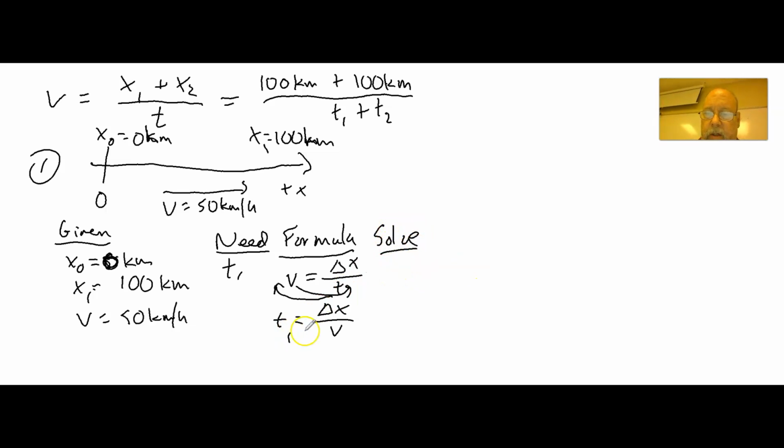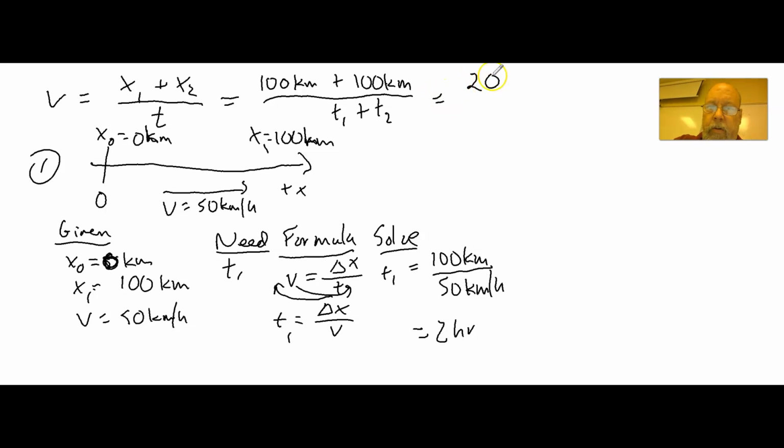So t1 equals change in position, 100 minus 0, which is 100 kilometers, divided by 50 kilometers per hour, equals 2 hours. So my first value is 2 hours.